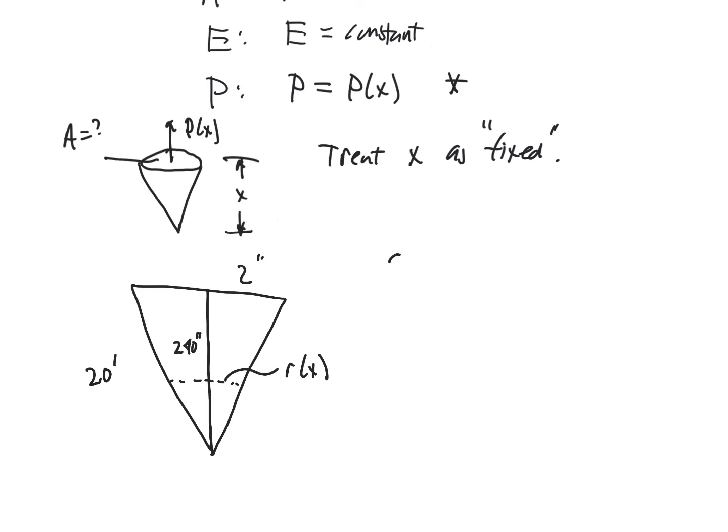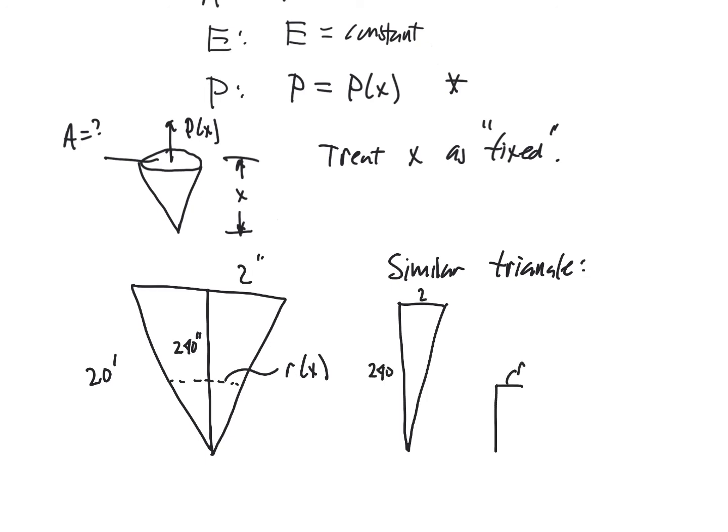So the similar triangle set up to find the radius is that 2 is to 240 as r, where we want it, is to x. We could write that as r of x if we wanted to. So 2 is to 240 as r of x is to x. So we see that r, the radius, is simply going to be equal to x divided by 120.